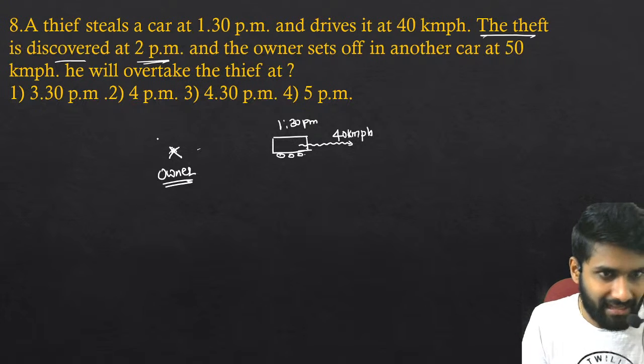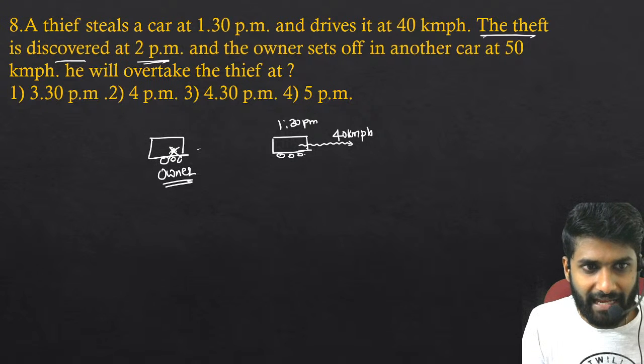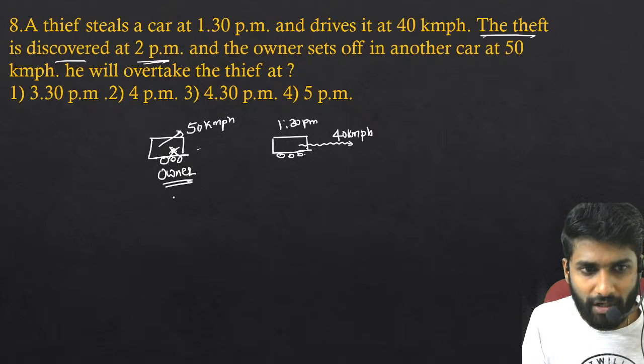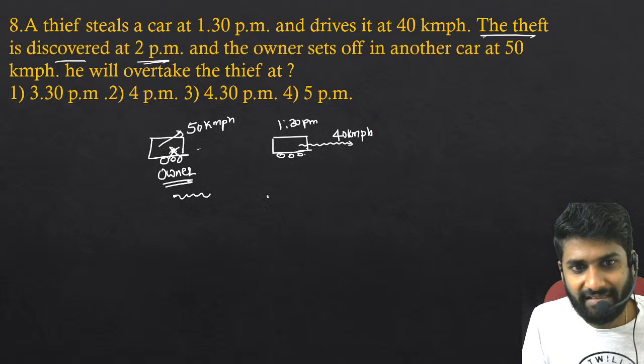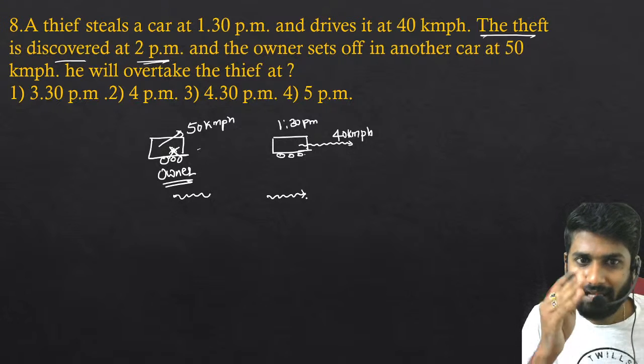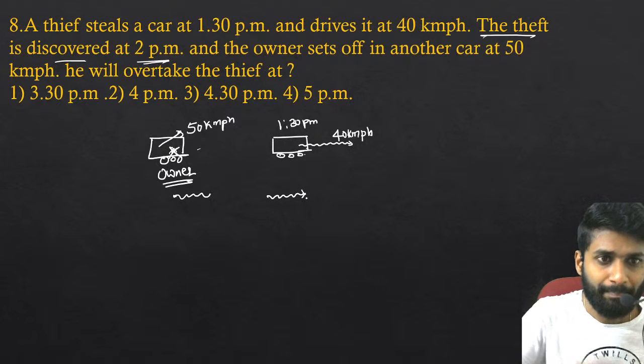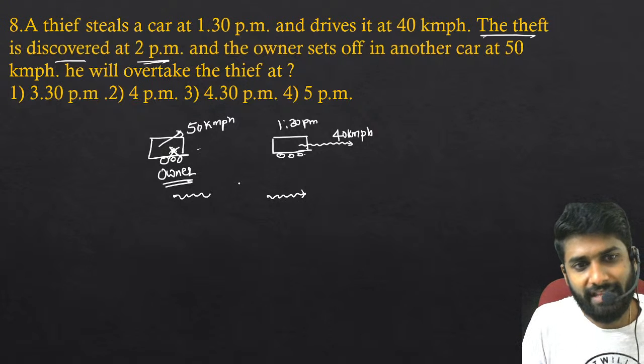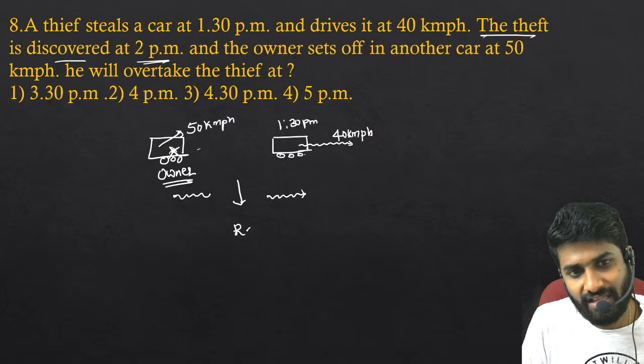He took another car and was traveling at a speed of 50 km per hour. Initially those are the individual speeds: the theft car is running at 40 km per hour and the owner's car at 50 km per hour. Now all this information deals with relative speed.